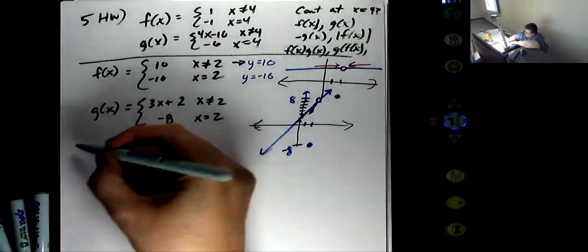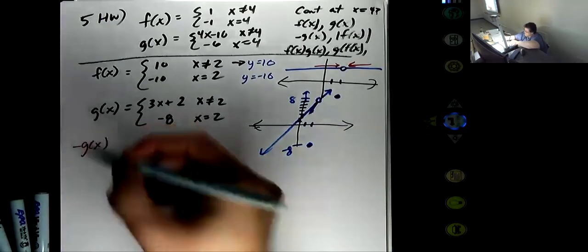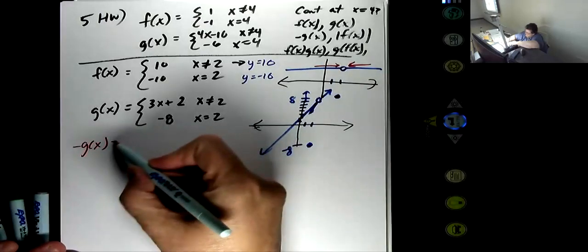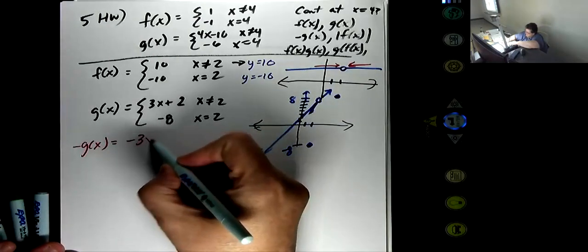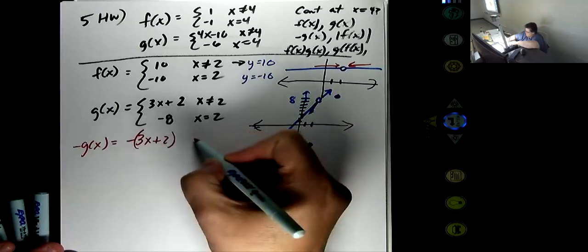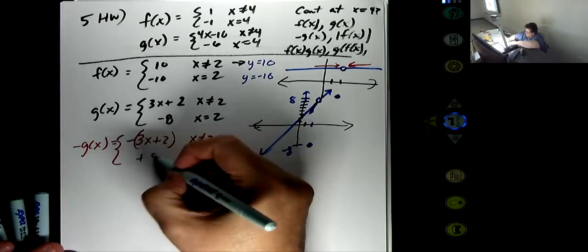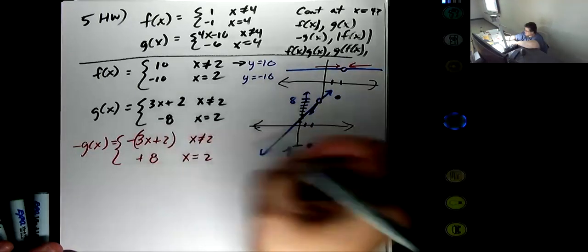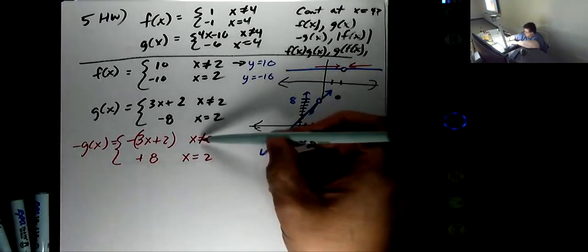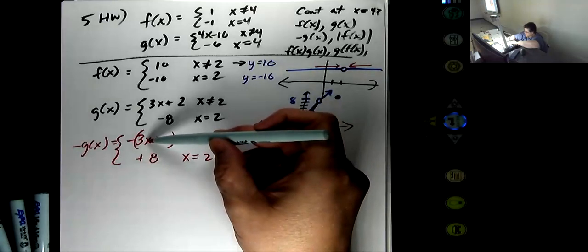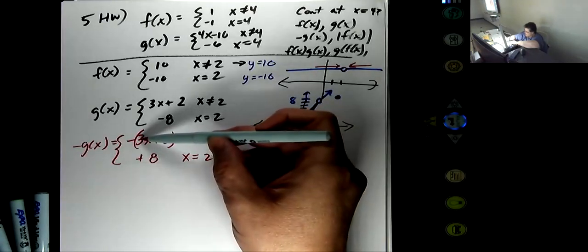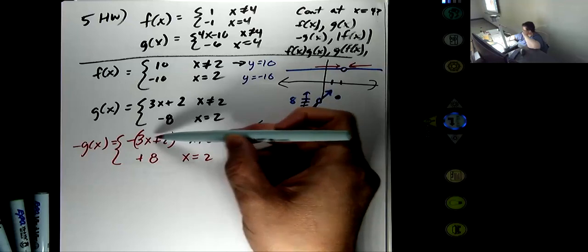What about negative g of x? Negative g of x is negative 3x plus 2 when x does not equal 2, and it's positive 8 when x equals 2. If we do the limit as x is approaching 2, this is going to 3 times 2 is 6 plus 2 is 8.